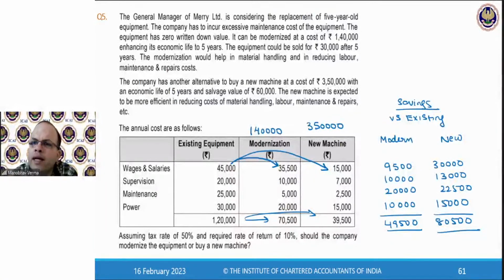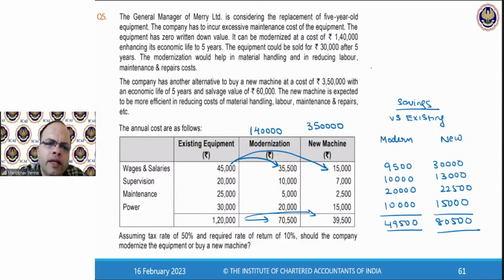Till now, everyone okay, guys? I'm just doing a comparison of the existing scenario in terms of the cost and the new one. But in both the cases, if these are the savings, what about depreciation, guys?